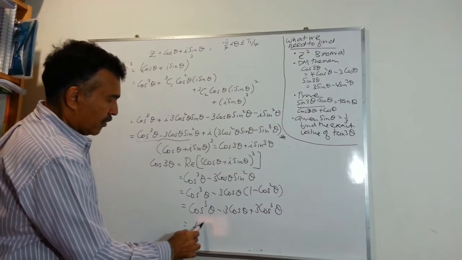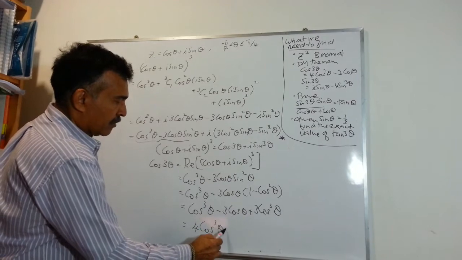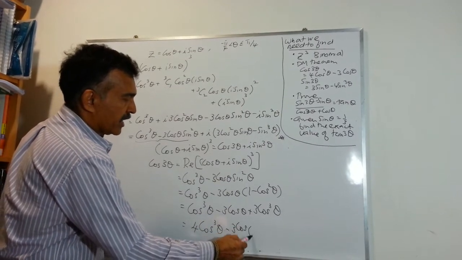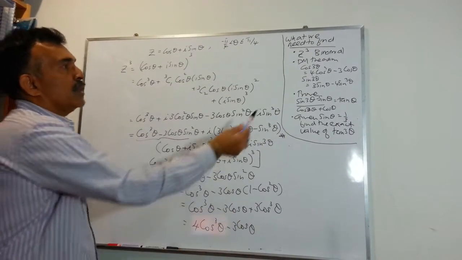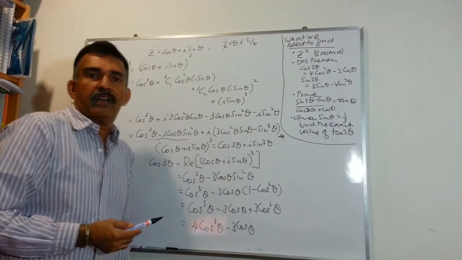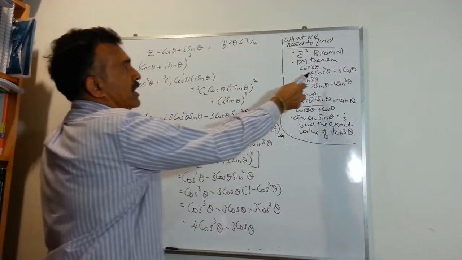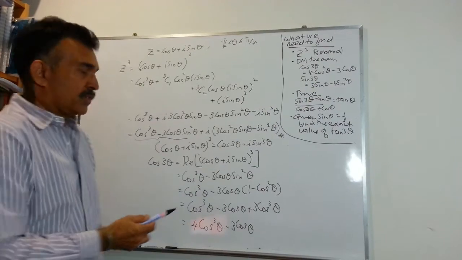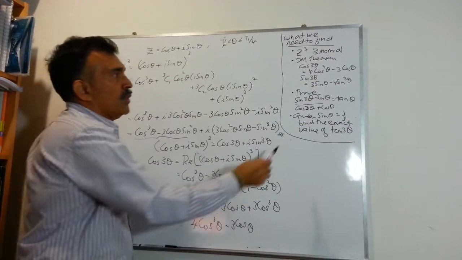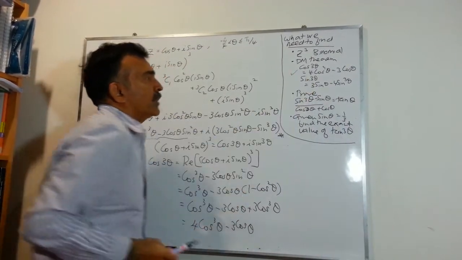This will be 4 cos cubed theta minus 3 cos theta. Okay, so that's what you see here. They ask you to show using De Moivre's theorem that cos 3 theta is 4 cos cubed theta minus 3 cos theta. Okay, so we are done with that.